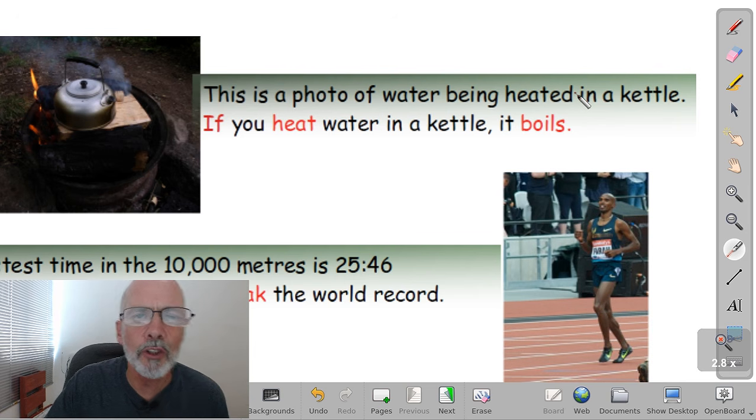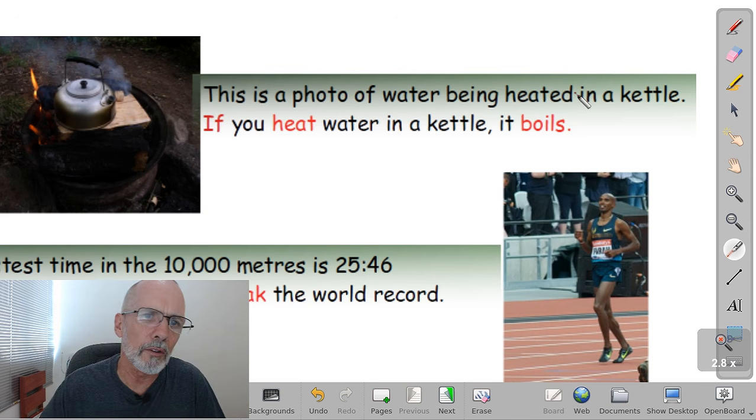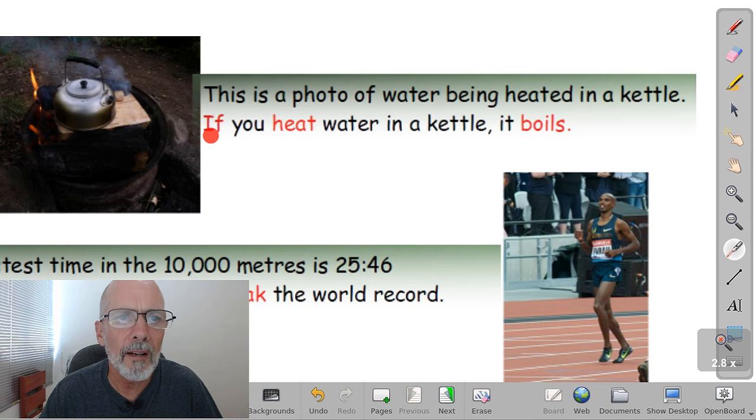So in all these conditionals, in a minute we'll see the structure more, but in all these conditionals we have two parts. First of all, we have a part, or what we call a clause.